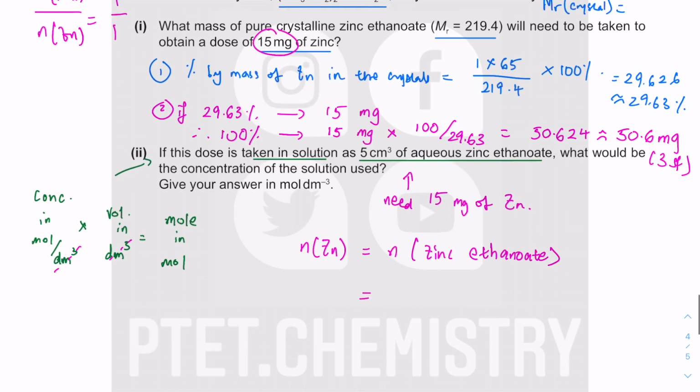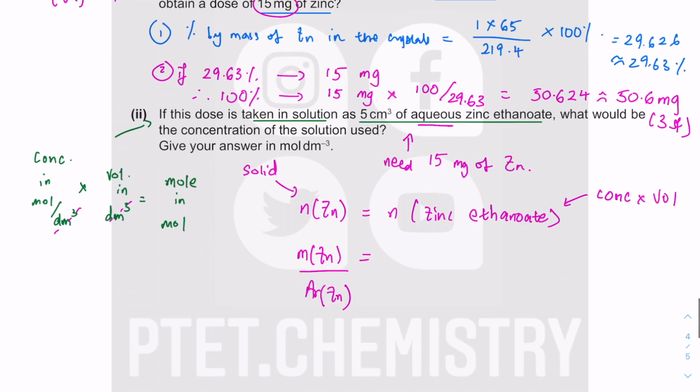And since they are equal, remember this is your concentration times volume. Why? Because this is aqueous, but this is your solid. So this is going to be your mass of zinc over your AR of zinc, because this is the 15 milligram of zinc divided by the relative atomic mass as given in your periodic table.